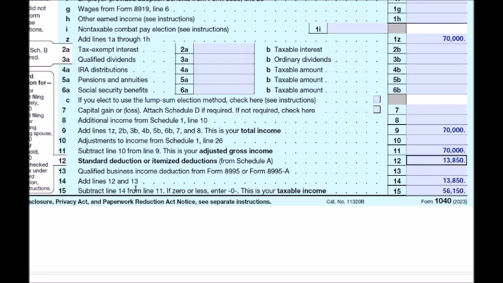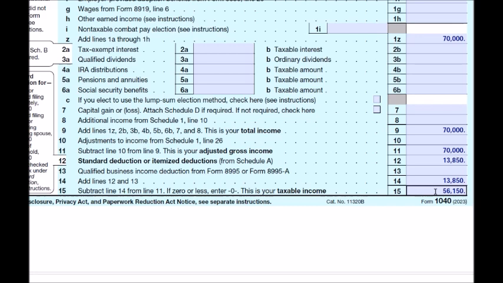Line 13 is for qualified business income, so we have 0. Line 14 is combining line 12 and line 13, and we get $13,850. And then line 15 is for taxable income, and so we subtract line 14 from line 11. $70,000 minus $13,850, and we will get $56,150.